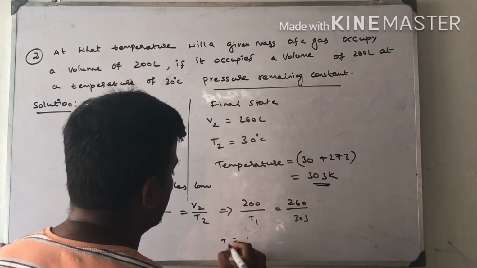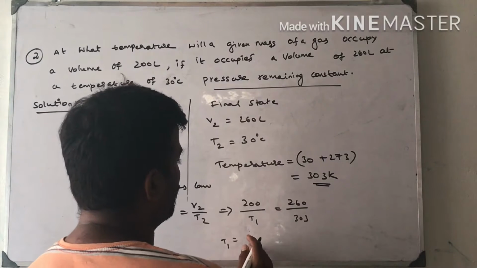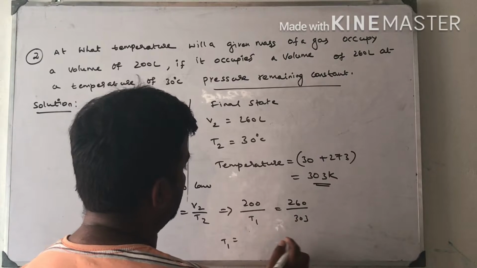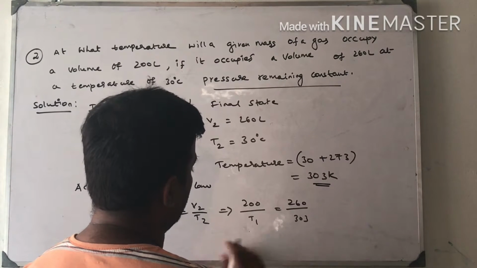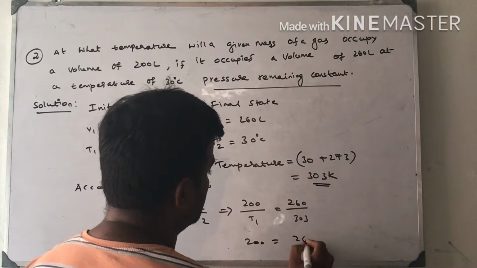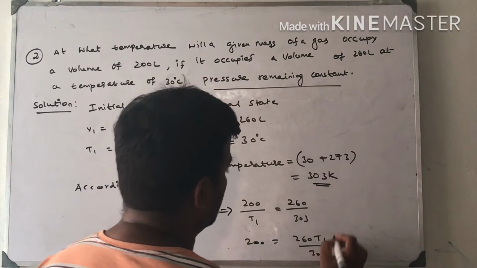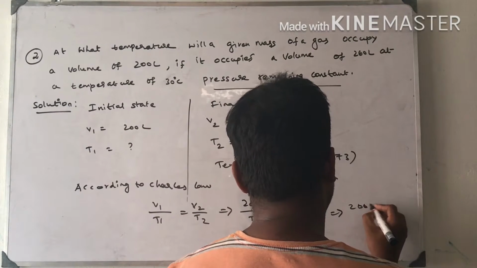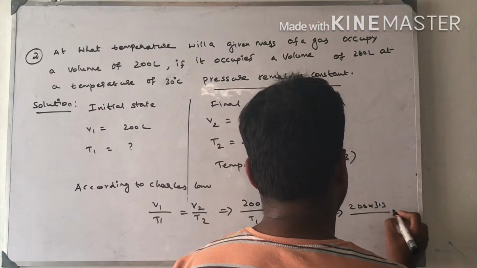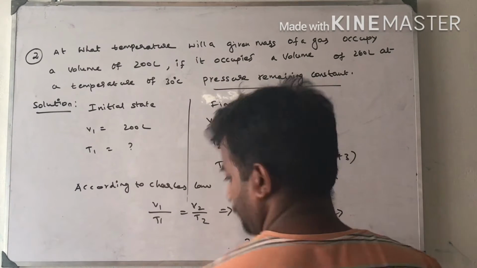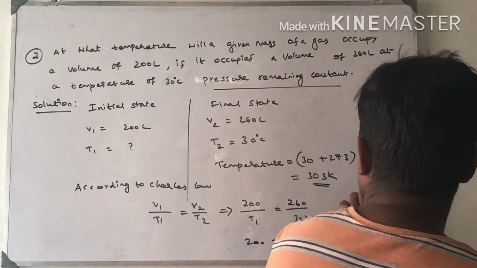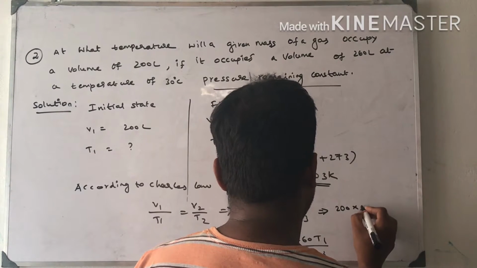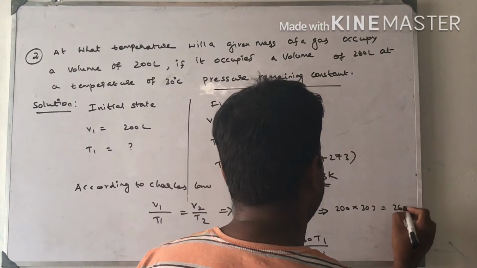So T1 is equal to, the remaining thing we have to write. 200 is equal to 260 into T1 by 303. That's the step. 200 into 303 is equal to 260 T1.